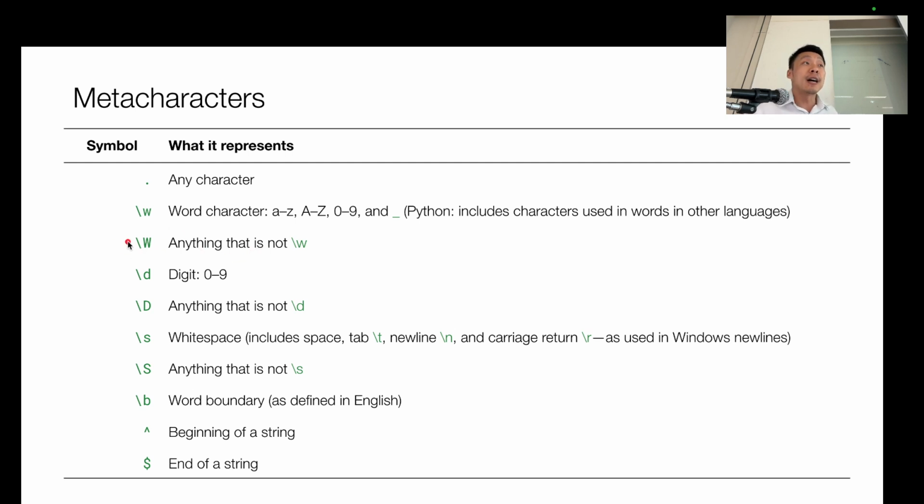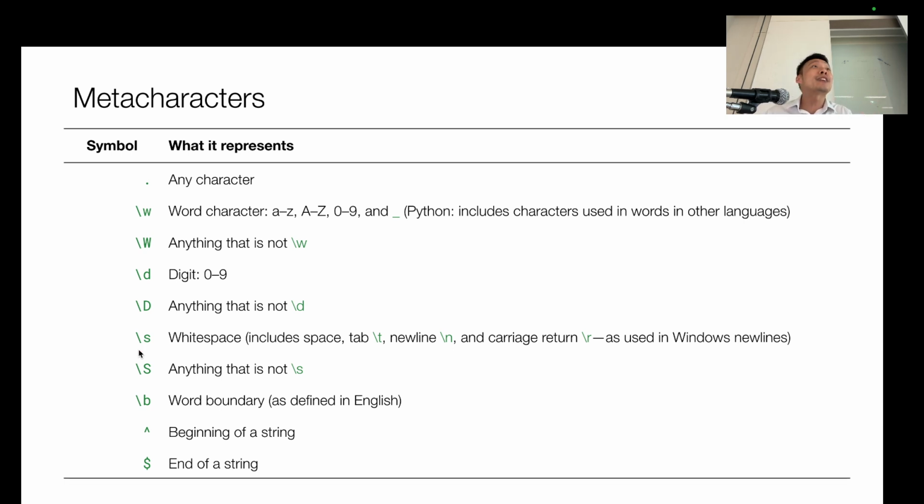Next, big \W means the negation of \w, so anything that's not \w. Usually it means spaces or whatever symbol characters. \d is a digit, 0 to 9. Big \D means anything that's not a digit. So you can think of the capital letter as the negation of the small letter equivalent. \s means whitespace, but it doesn't mean just the space.